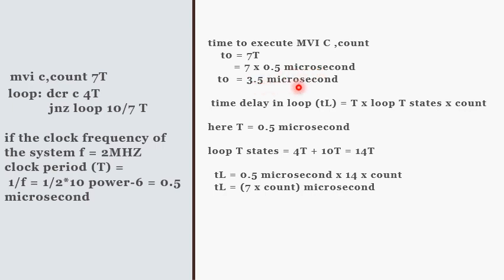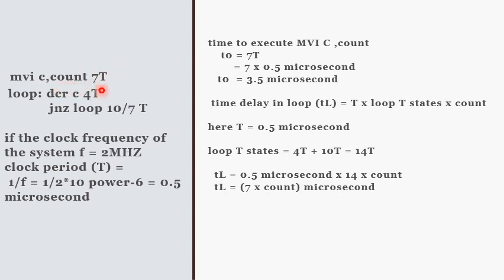So the time delay in the loop is this 10 T states plus this 4 T states. So 10 plus 4, 14 T states, is the time taken by the 8085 microprocessor to be inside this loop, right? Until the value becomes 0, this loop is going to be executed. For decrement C, it takes 4 T states.